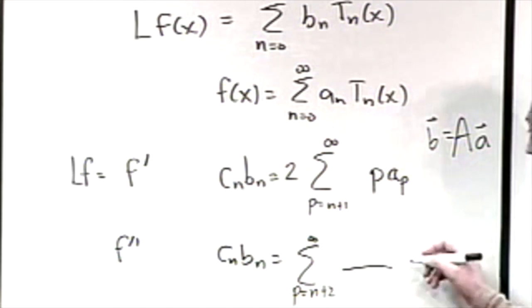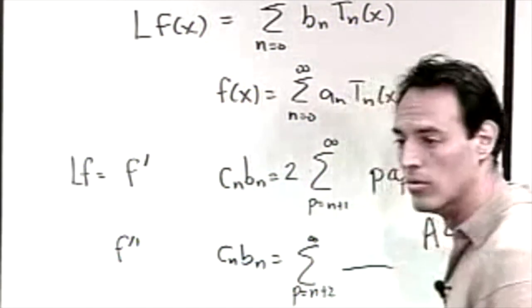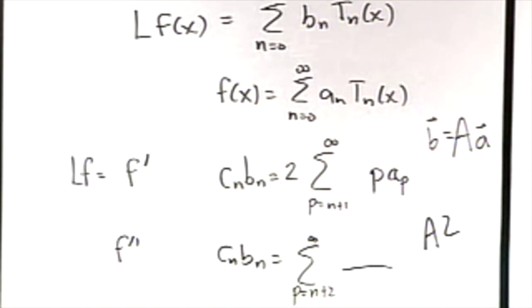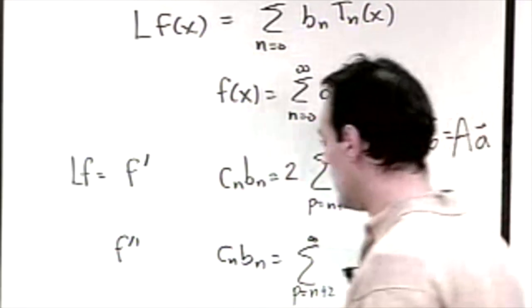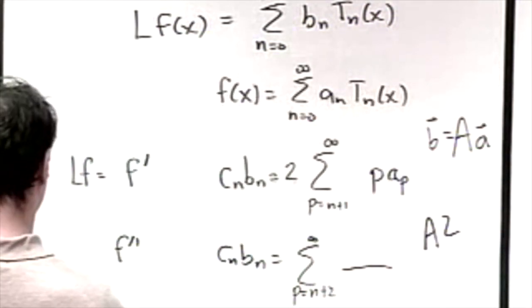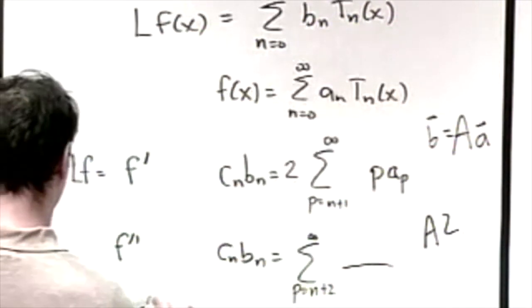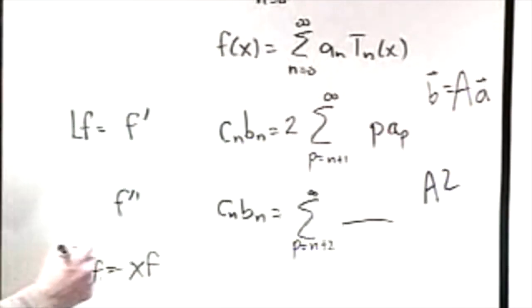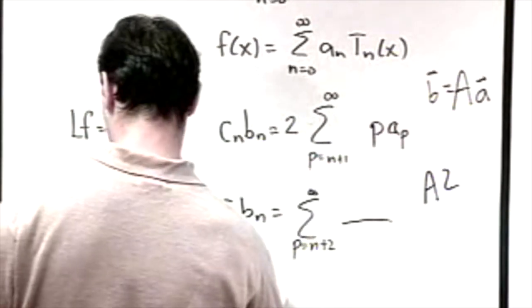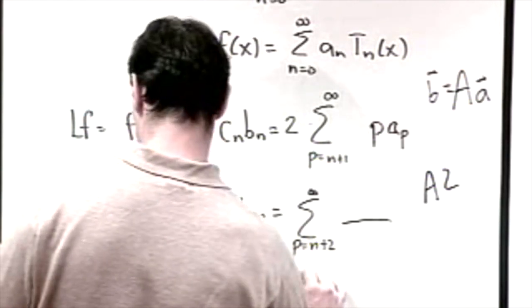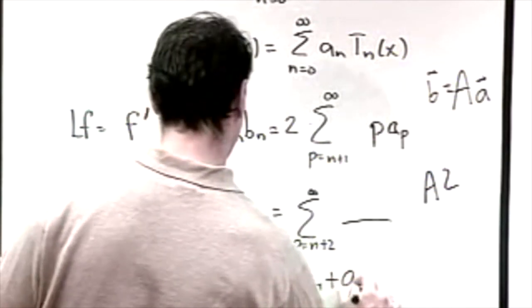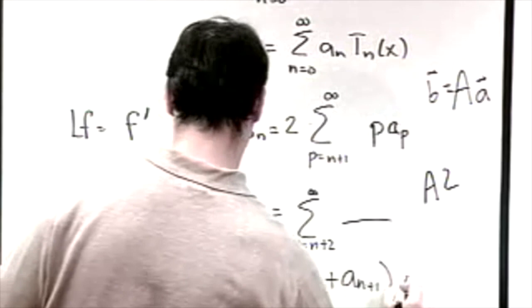Same thing here. Second derivative, so this is going to be some A2. So you see it works a lot like finite difference. But I get spectral accuracy here. So that's a big important thing. And then what happens if Lf is, I multiply the whole thing by x. Then your b of n is equal to c of n minus 1, a of n minus 1, plus a of n plus 1, over 2.